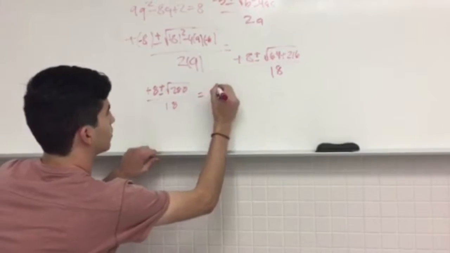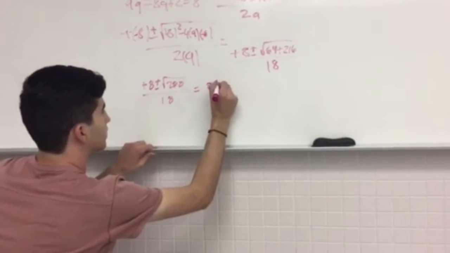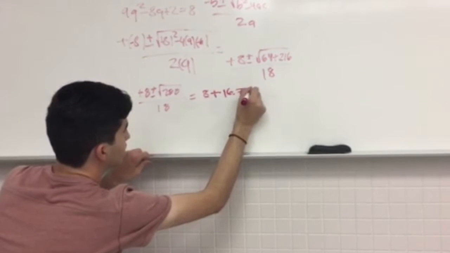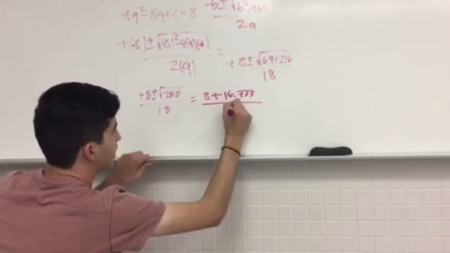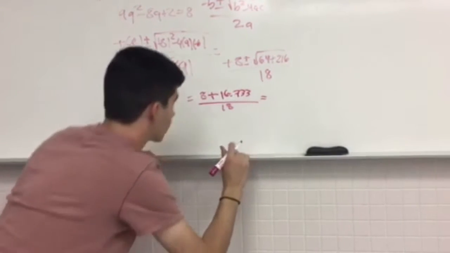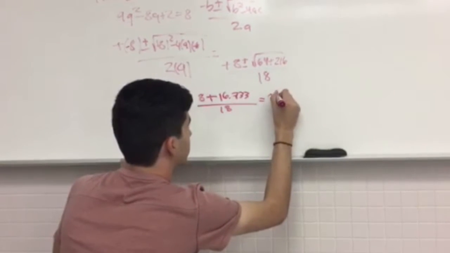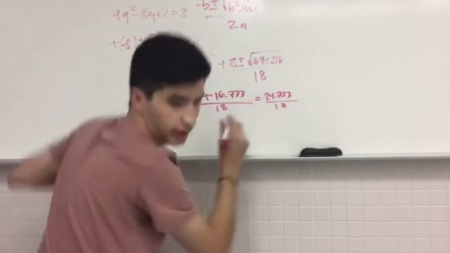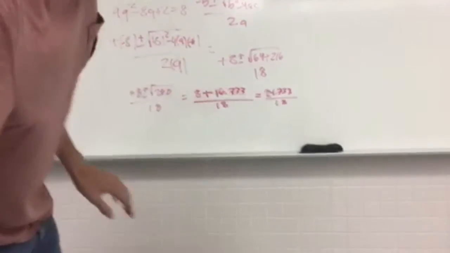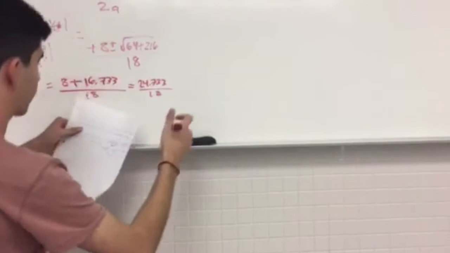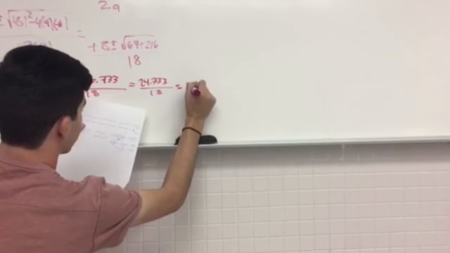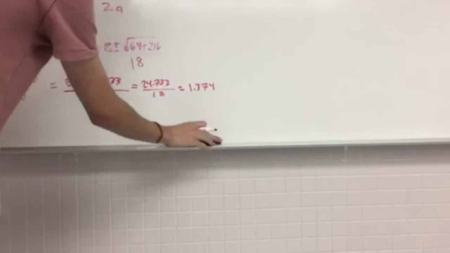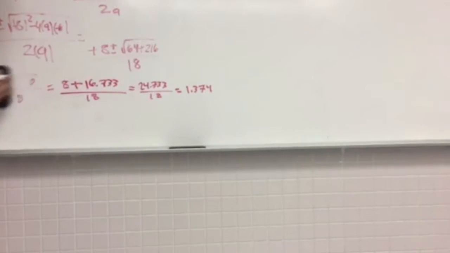So now we end up with 8, and in this case we take the plus: 16.733 divided by 18, which equals 24.733 divided by 18, which would be the same as positive 1.374.